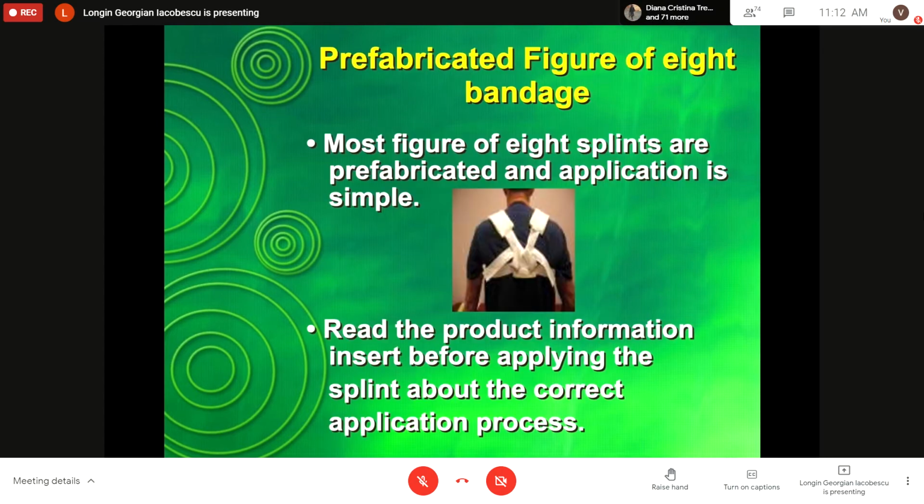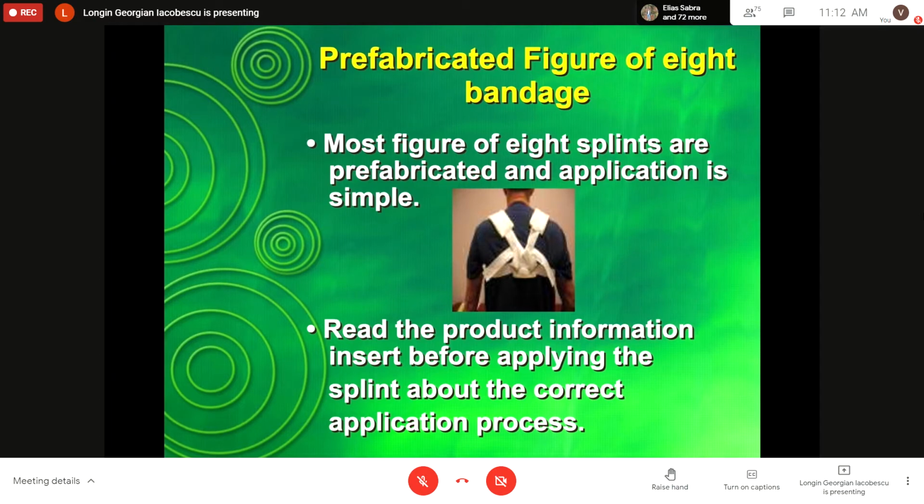Okay. We can also use prefabricated figure of 8 bandages. Usually most figure of 8 splints are prefabricated, and their application is simple. The thing is like this. Unfortunately, most of our patients that come to our emergency room don't have the financial liberty to acquire this type of prefabricated splints.